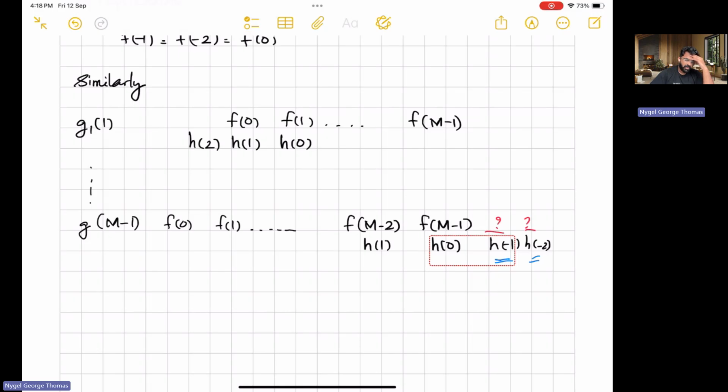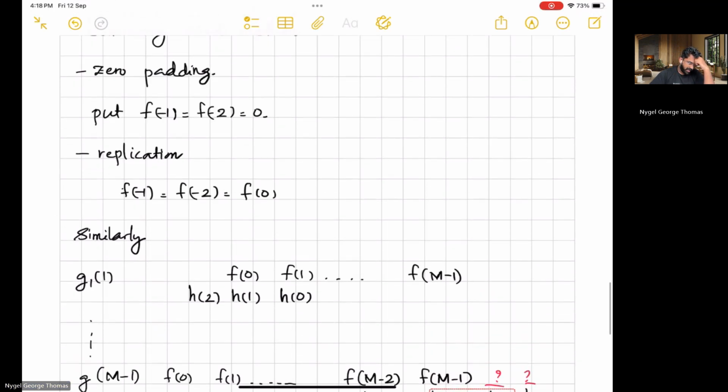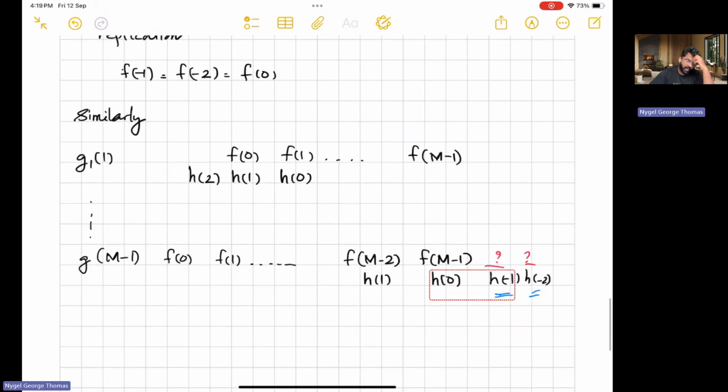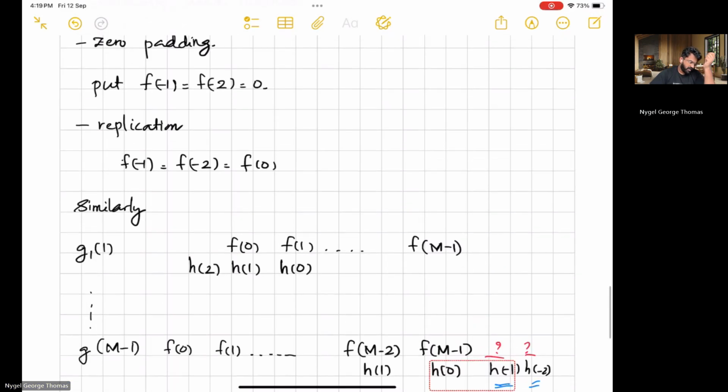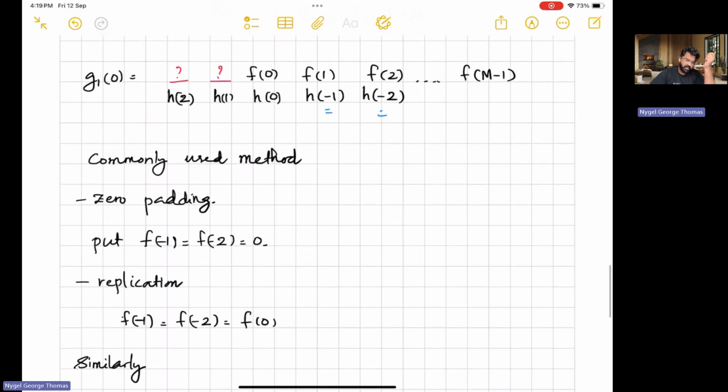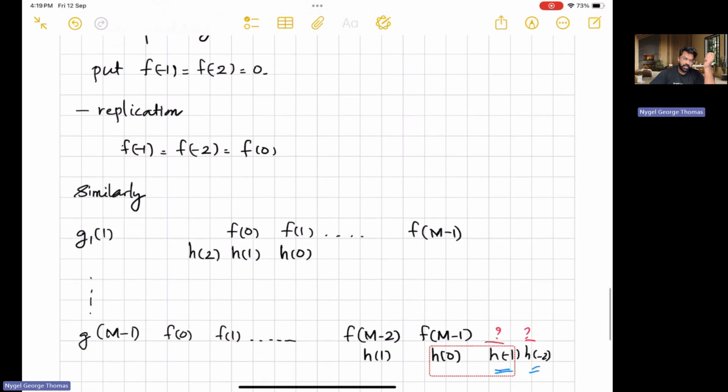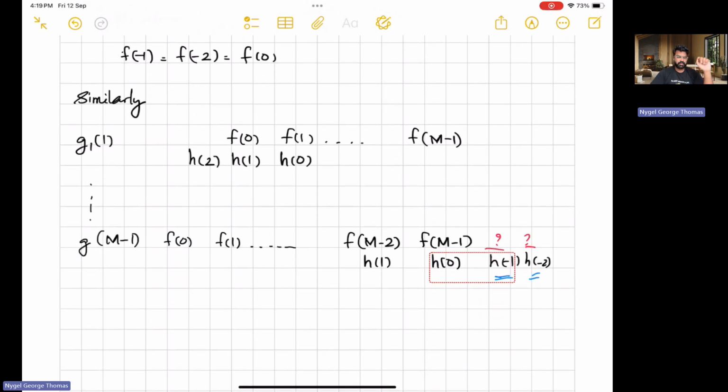So here also we have to do a similar interpolation, either zero padding them or replicating with the value of f of m minus 1. So this is how the convolution works. We can thus find the value of the convolved output at all these indices, g of 0 being the first index, g of 1, etc., and g of m minus 1.